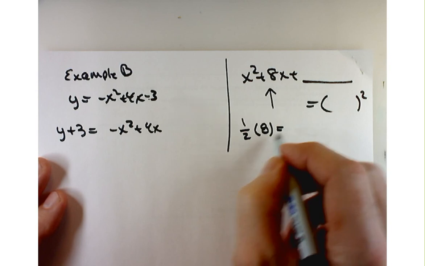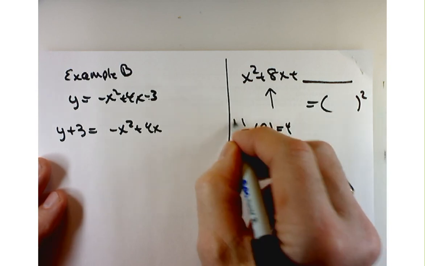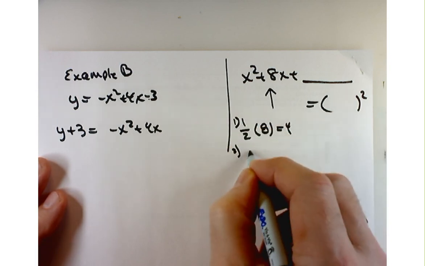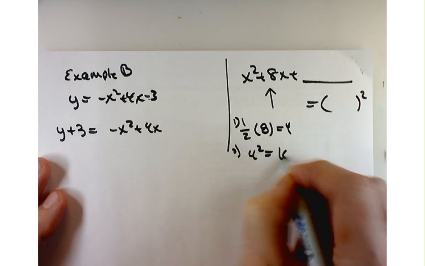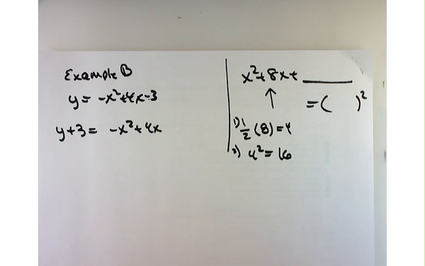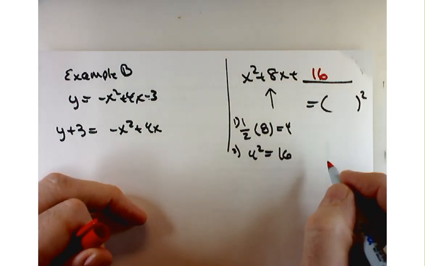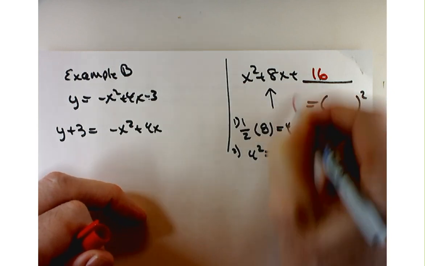So half of 8 is 4. The second thing you want to do is square that. 4 squared is 16. So 16 is the number that would complete the square. So that 16 goes here.